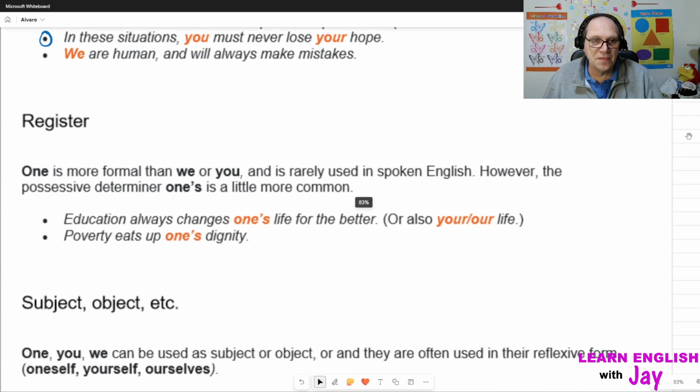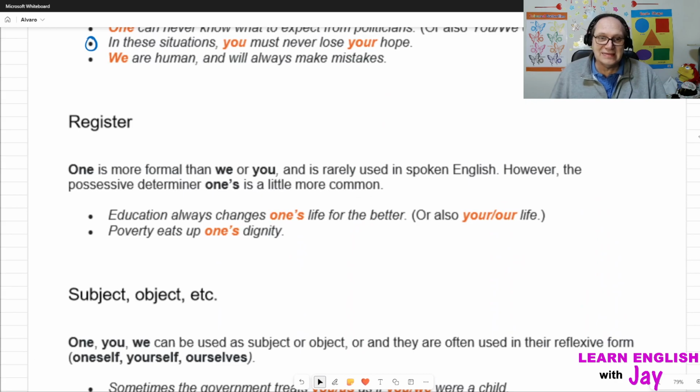All right. Now, one is more formal than we or you, and we normally don't use it in spoken English. However, you can use it. Normally we've got the possessive determiner one's, which is a little bit more common to use in speaking, but normally one is used for writing.